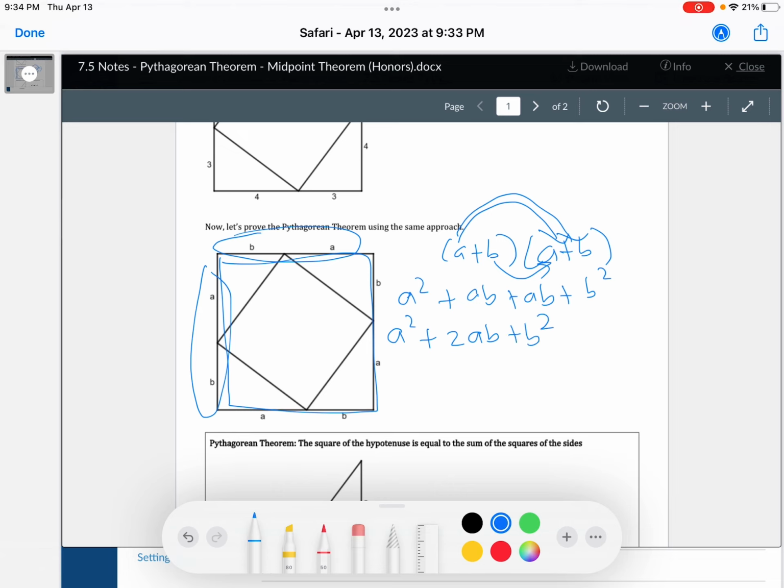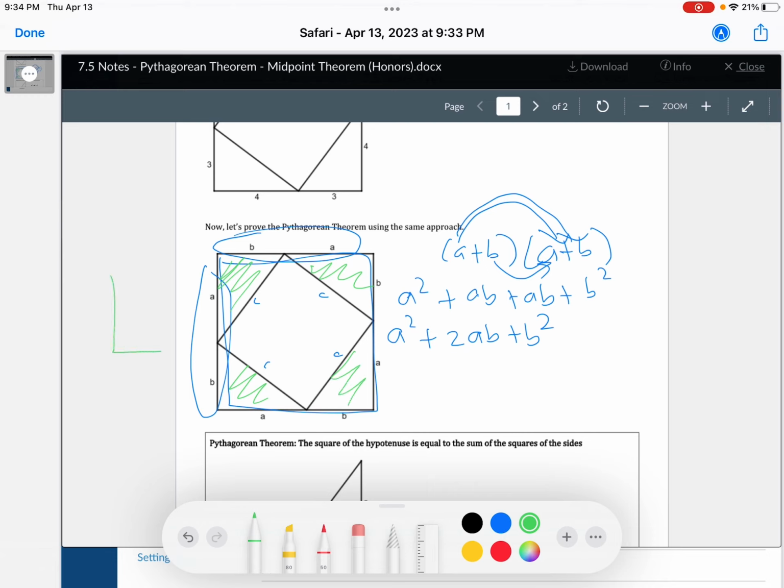What we're trying to find is this length right here, c. So what's the relationship between a, b, and c? Well, I am going to subtract away from this the area of these green triangles.